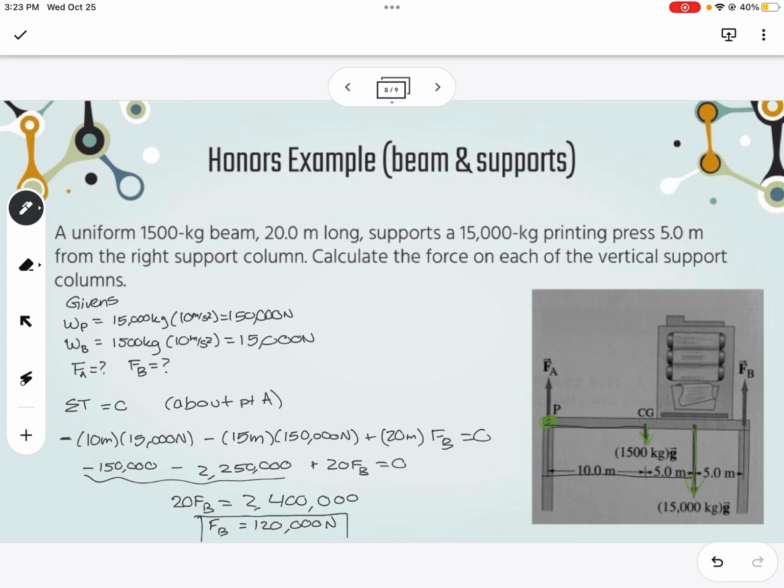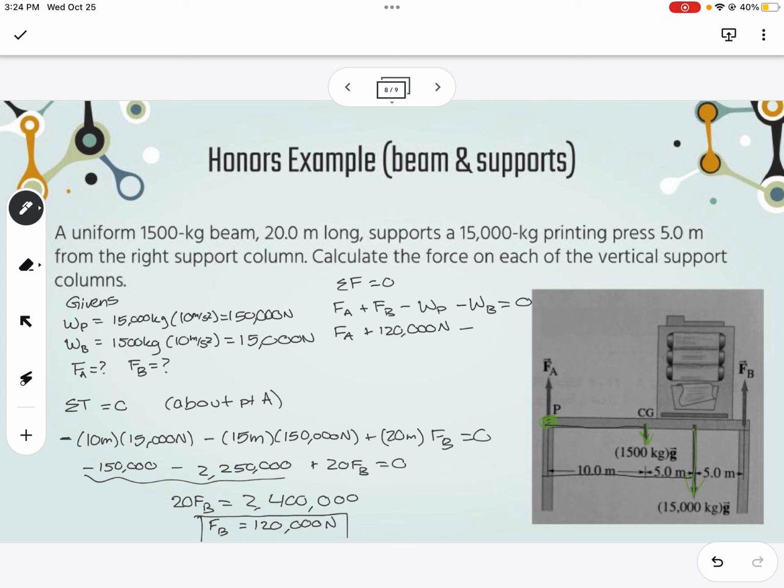Now you have some options. To solve for FA, you could pick a different fulcrum, and then you could also sum your torques. Or at this point, I know 3 out of 4 forces, so let me go to my other equilibrium condition and sum the forces. I know that FA and FB are positive and the two weights are negative. So FA plus FB minus the weight of the press minus the weight of the beam all equal 0. I'm trying to solve for FA. I know FB is 120,000 newtons.